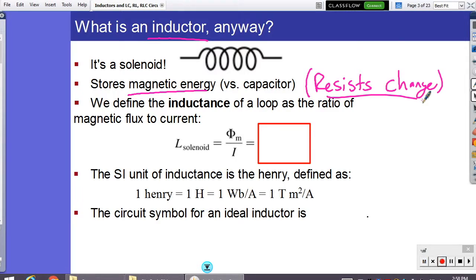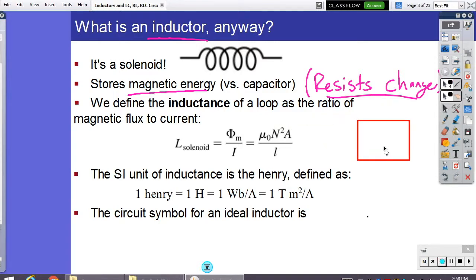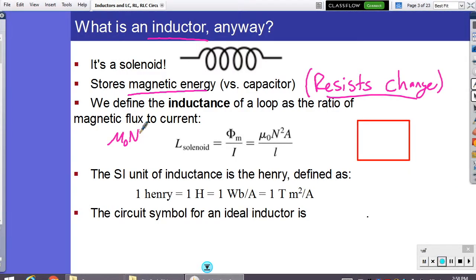We define this quantity about a solenoid called the inductance, which is the ratio of the magnetic flux to the current. So how much flux do I get out with respect to the current that I put in? Well, I happen to know that my magnetic field through this is going to be mu0 times N times I over length.